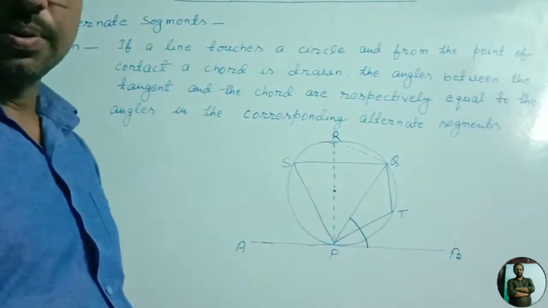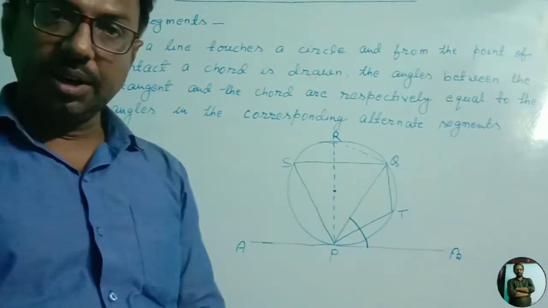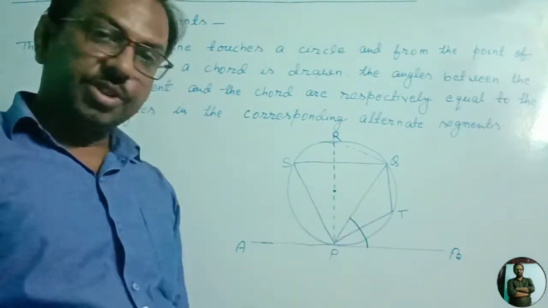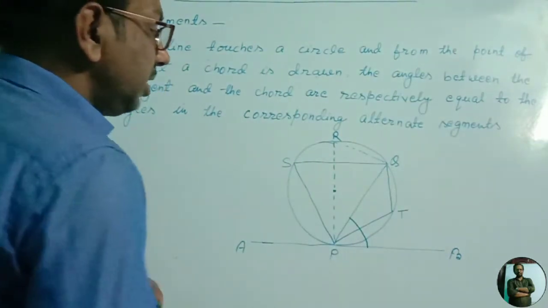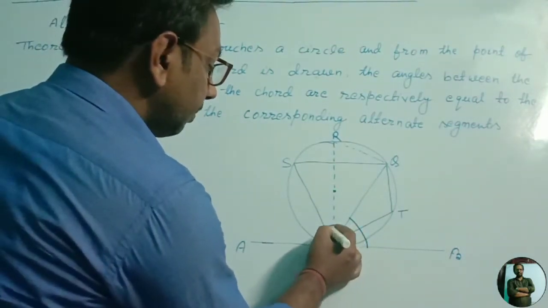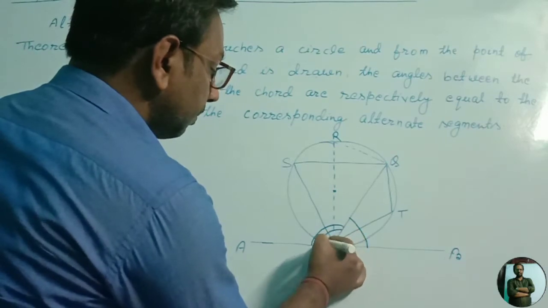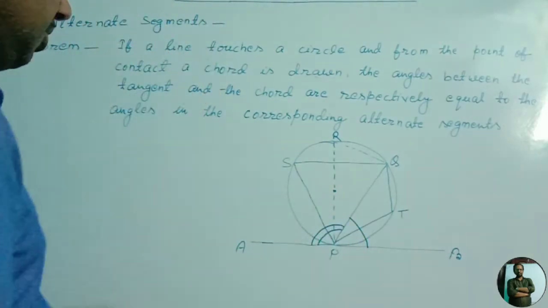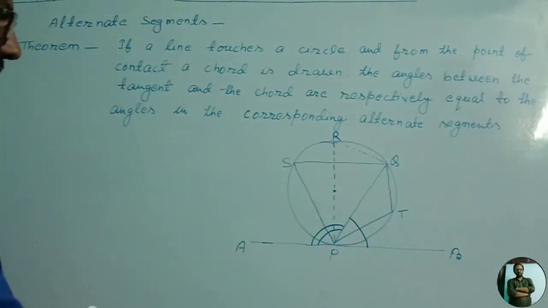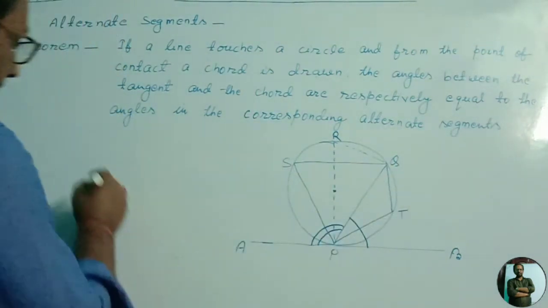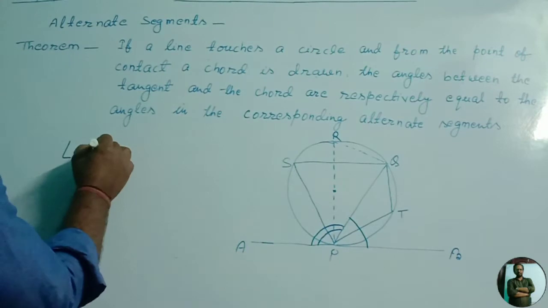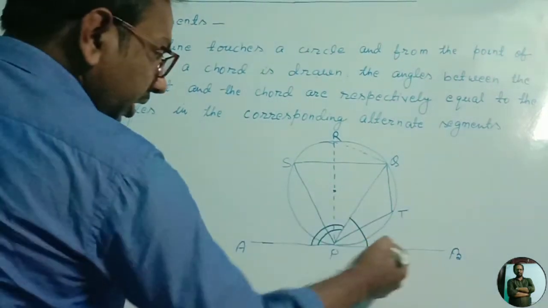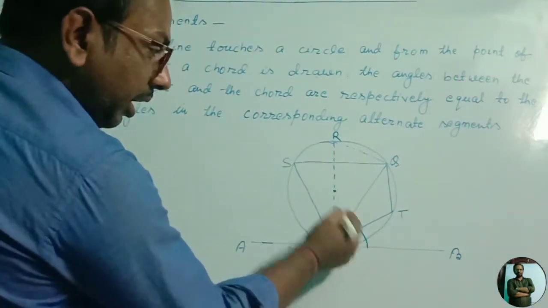So two angles are formed, two angles are subtended between the chord and the tangent. First is angle QPB and second is angle QPA. As per the statement, angle QPB, that is the angle subtended between the chord and the tangent, will be equal to the angle in the alternate segment.